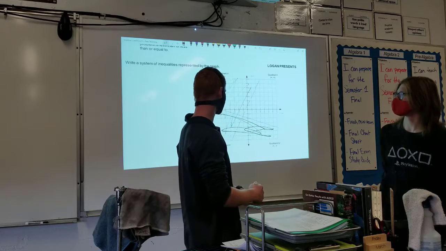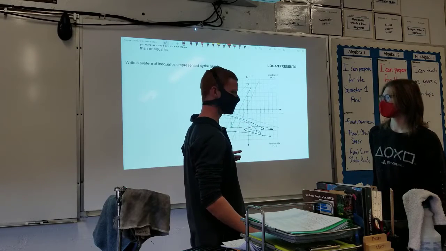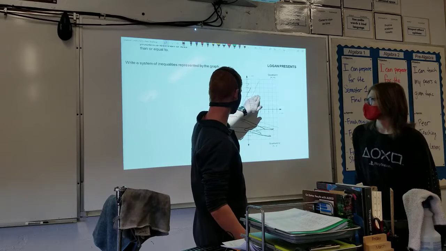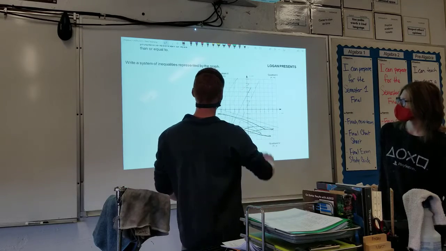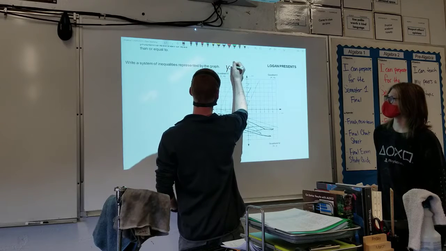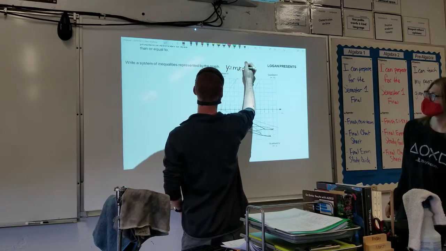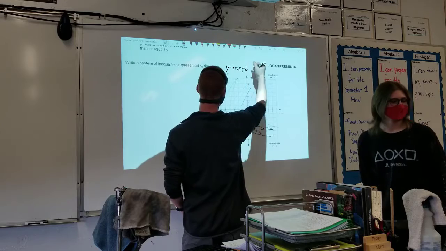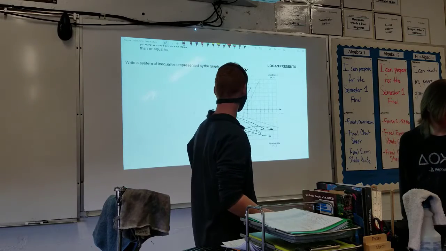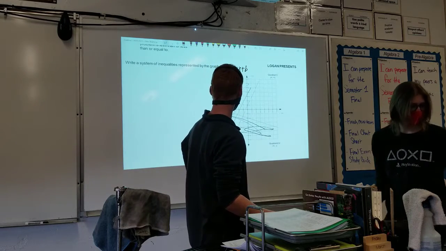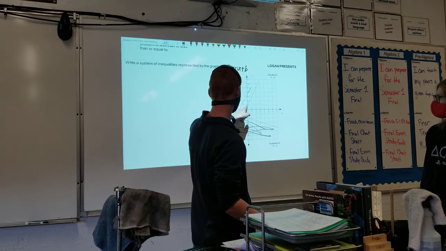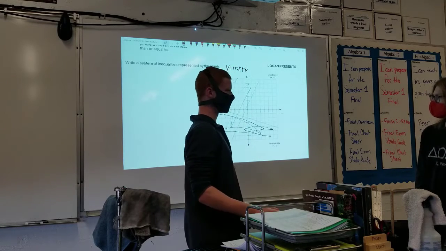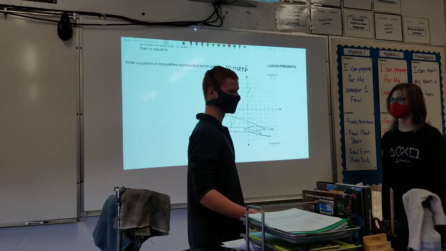Okay, I'll go for the first line. Go do this one right here. What I like to do is write y = mx + b first as a reference, and I know that this line right here is shaded upward, so it's y is greater than.